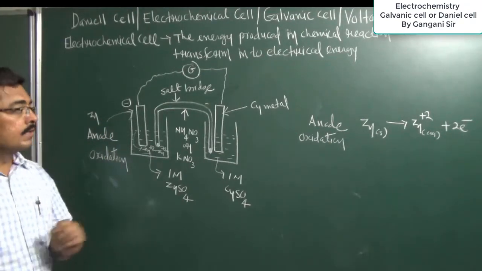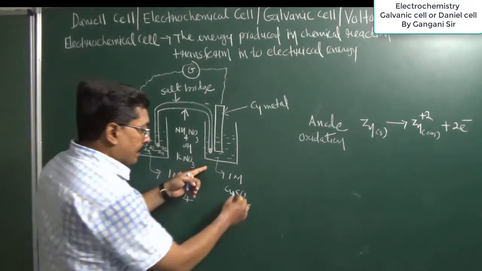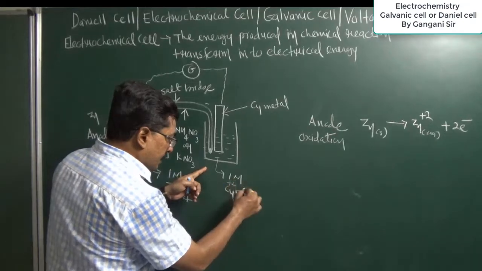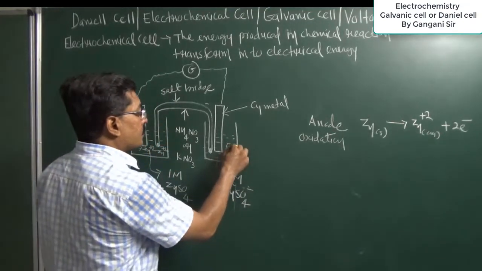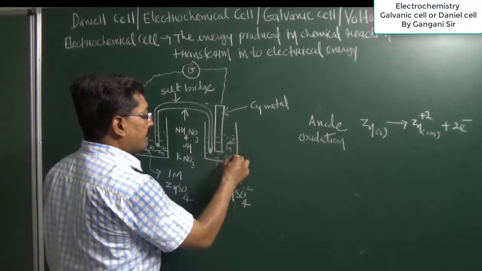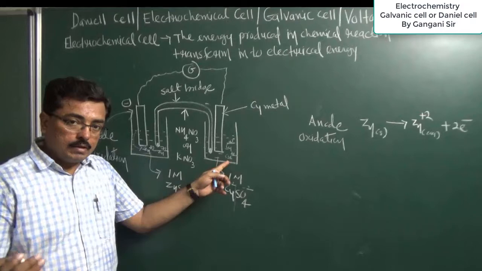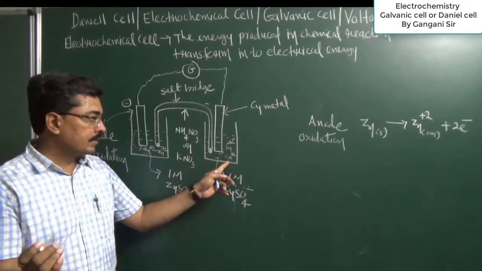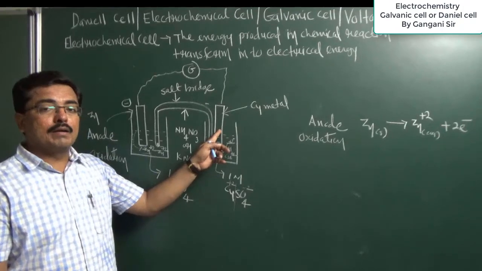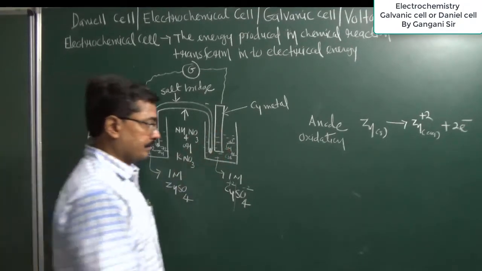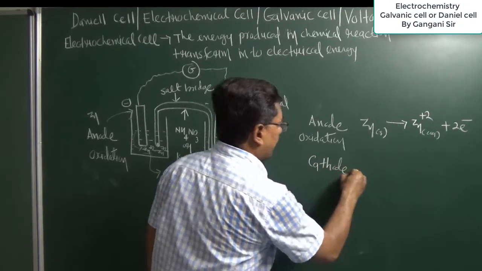Now second thing, in copper sulfate solution there are two types of ion. One is copper 2+ and second is sulfate SO4 2-. So copper 2+ ion has a tendency to gain electron. So copper 2+ ion present in a solution will be attracted toward this copper electrode, and this copper electrode will act as a cathode.